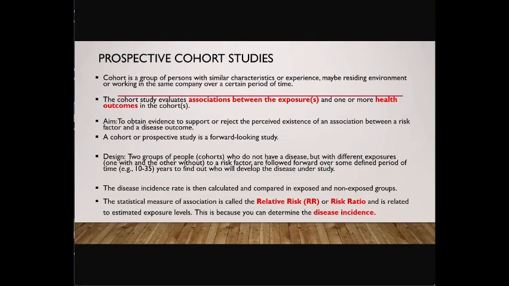Now we said the formula is simple. Incidence of the disease in the exposed over the incidence of the disease among the unexposed. Now, the unexposed are those in the human resources, admin, secretariat, whatever. Of the 100 we followed, only one developed lung cancer.